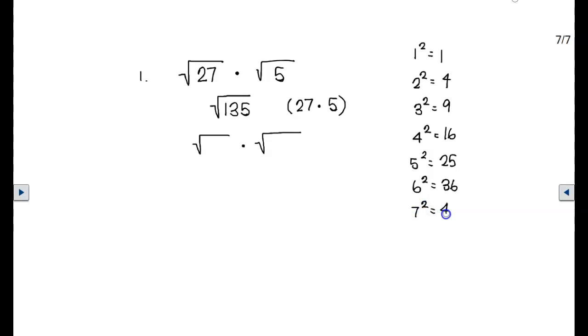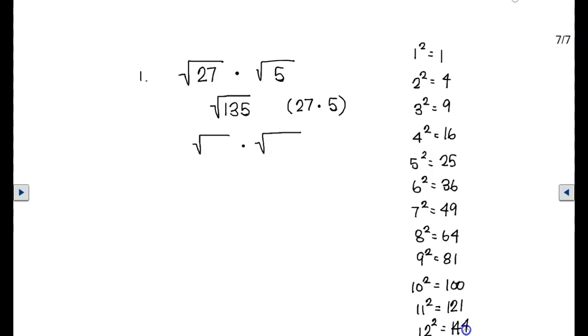I'll only do this one time, I promise. That 8 squared is 64, that 9 squared is 81, that 10 squared is 100, that 11 squared is 121, that 12 squared is 144.